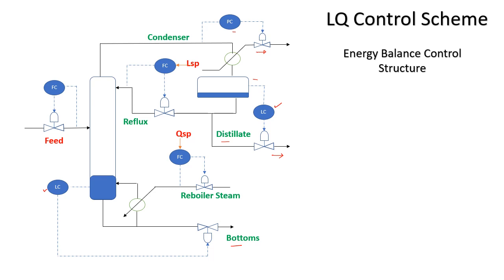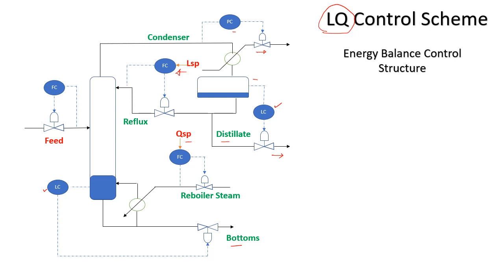This whole control structure is known as the LQ, because we are controlling the reflux flow, which here we denote as L, and also we are controlling the steam or energy that is going at the bottom. So that's why it is known as the LQ control structure. So feed also can have some flow control on it.